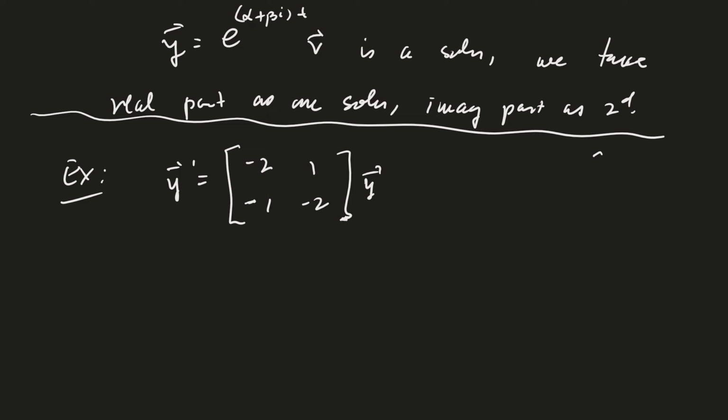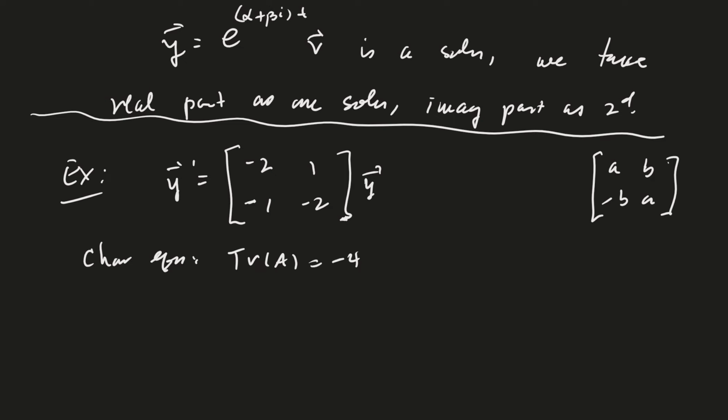By the way, the pattern is going to be a, b, minus b, a. The minus could go either place. Let's compute our characteristic equation. Do you remember the trick with the trace and the determinant?